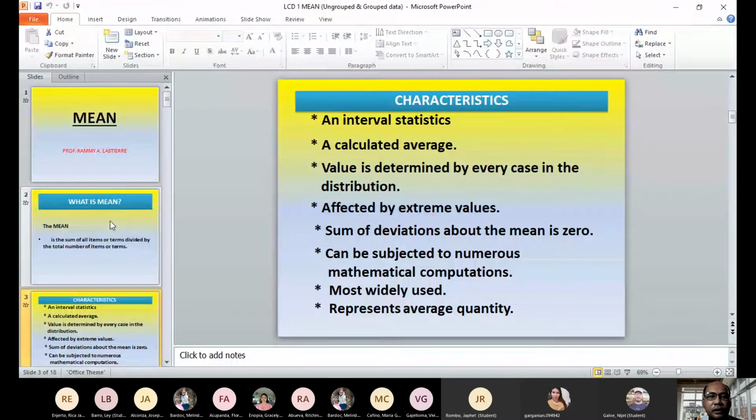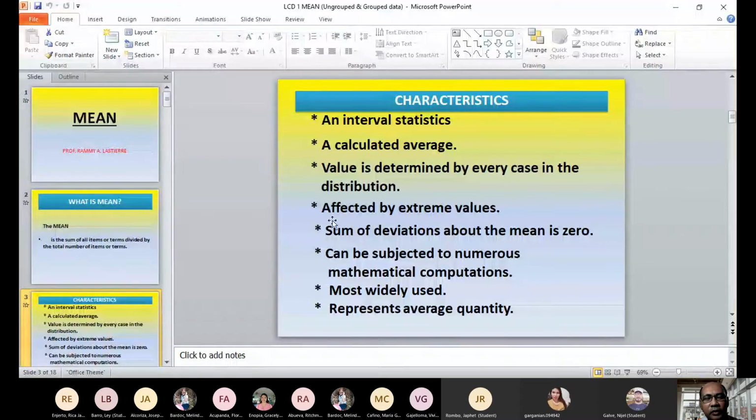Now, the characteristics of the mean. Mean is an interval statistic, a calculated average, meaning we are going to find the average. The value is determined by every case in the distribution, so it is affected by extreme values.